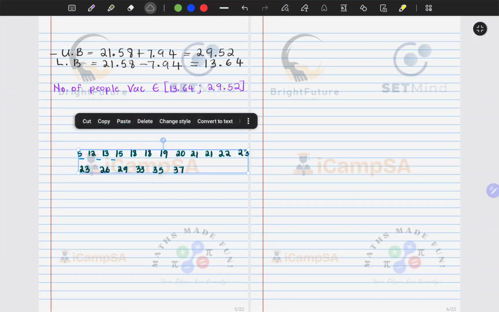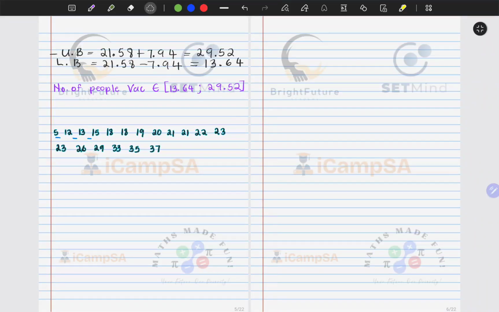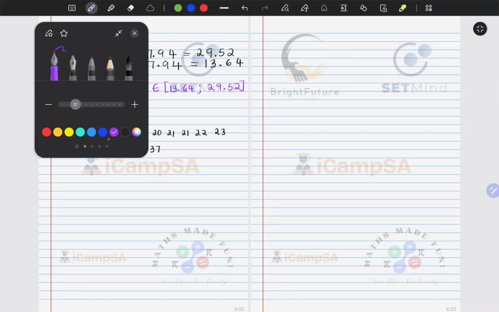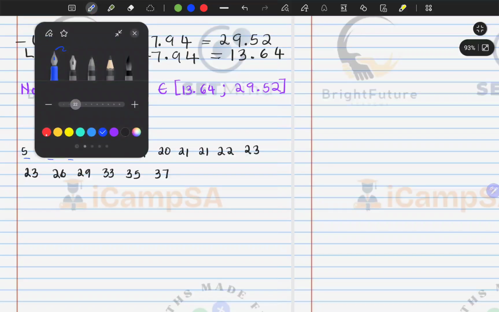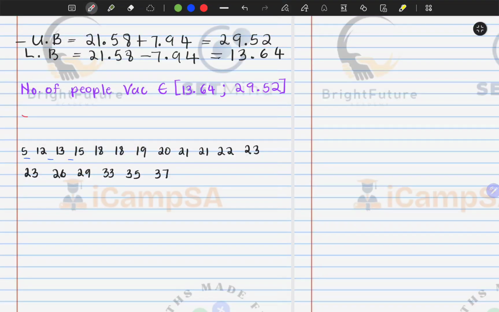And I'm going to share what I think about this question. What I think it should have been is: on how many days did we receive a number of people that fall within one standard deviation? That was how I think this question should have been asked.